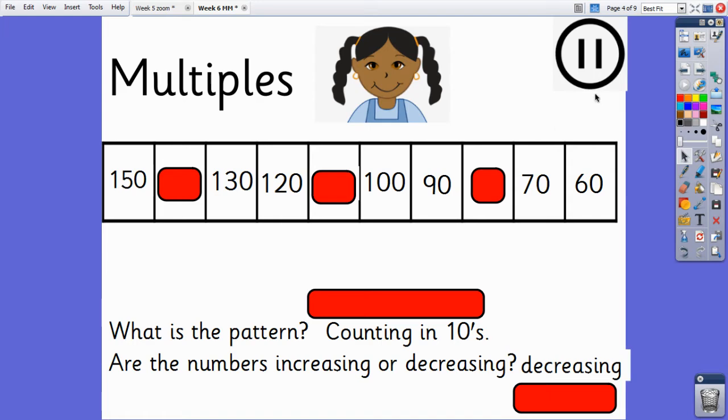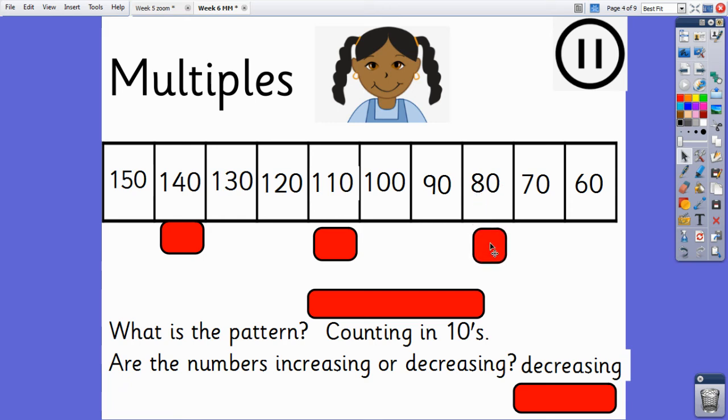Now could you pause the video and write down the 3 missing numbers on my number track? Let's check through our answers. Your first missing number should have been 140. Your next missing number should have been 110, and your last missing number should have been 80.